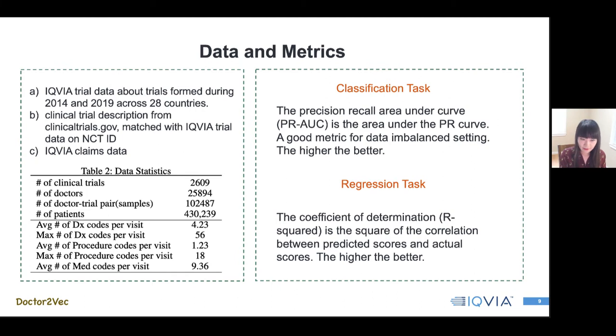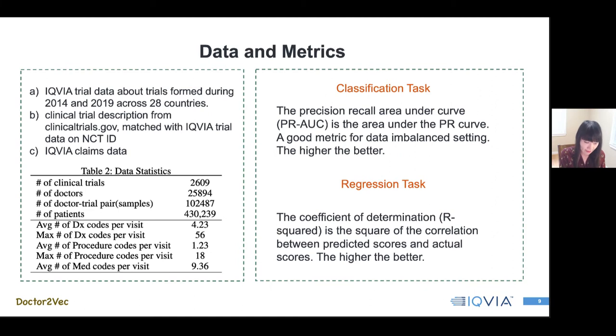It's not super high or super low; the mode is in the middle, around 0.5 or 0.6. The regression is measured by R-square, which is the square of the correlation between predicted scores and actual scores. For both metrics, the higher the better.